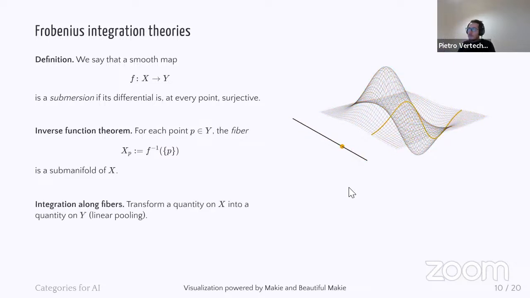And this is very important for us because it gives us a way to transform a quantity on X into a quantity on Y, because now we are no longer forced to take the integral on the whole surface, but we can take the integral fiber by fiber, and instead of getting just a single value, we will get one value per each point of Y. So in terms of machine learning terminology, this is some sort of linear pooling.